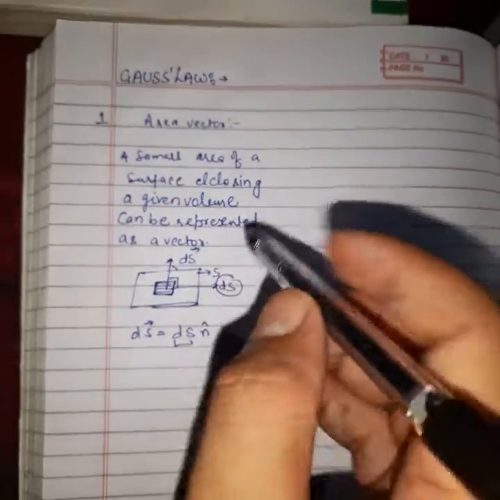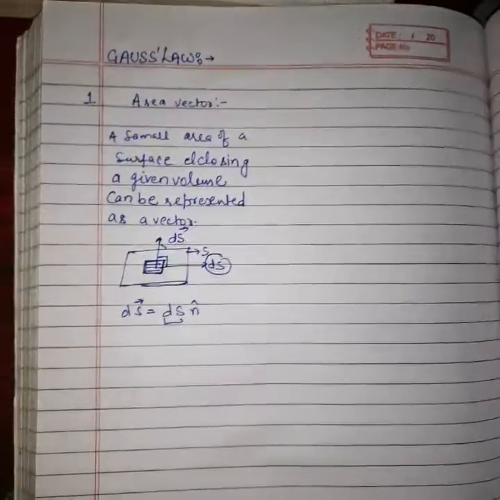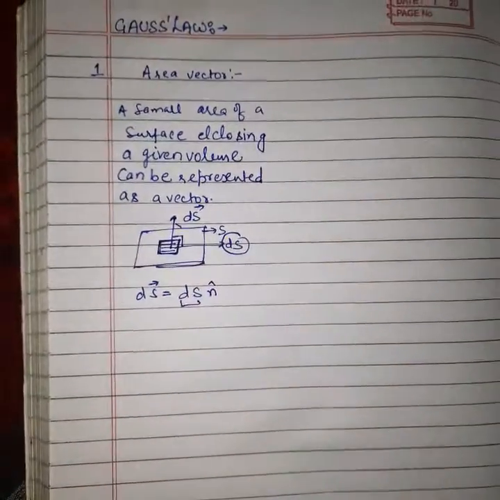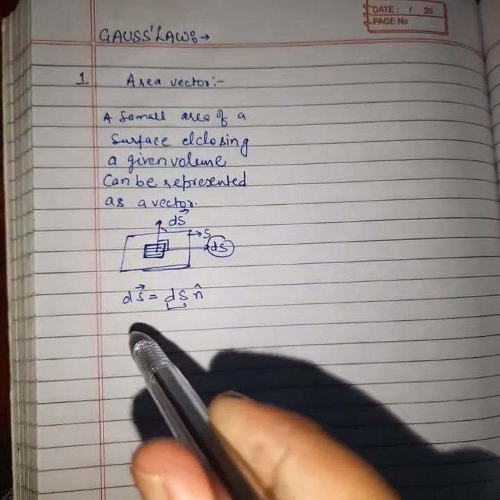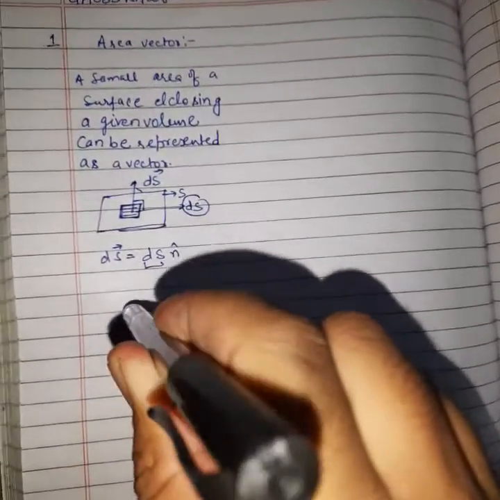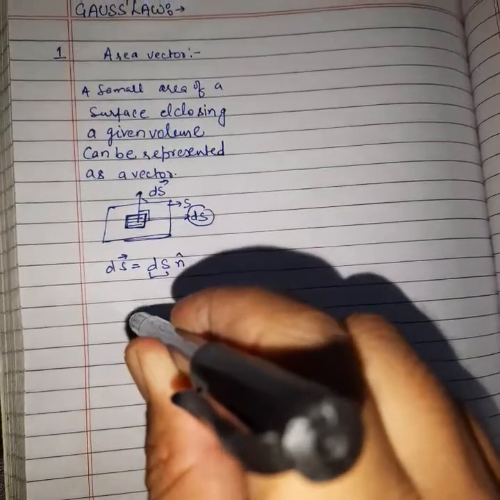Perpendicular to the surface means, for example, this is a surface, any kind of surface, we can say S. I am putting my pen on this surface, so this pen shows the area vector of this surface.